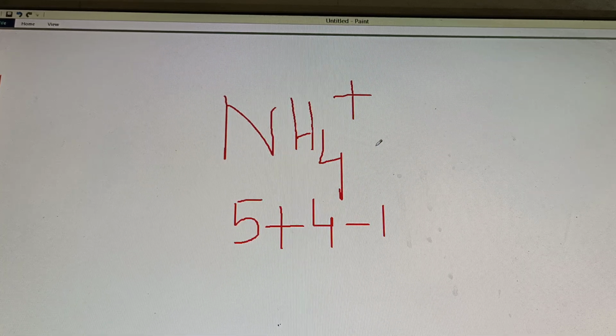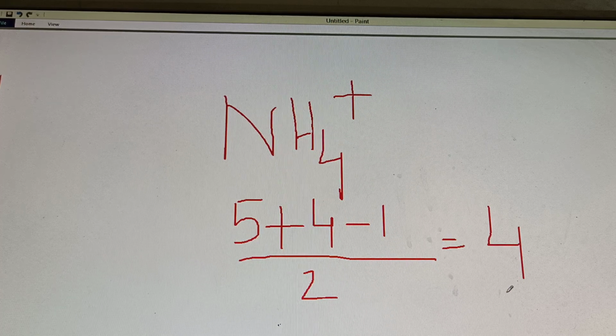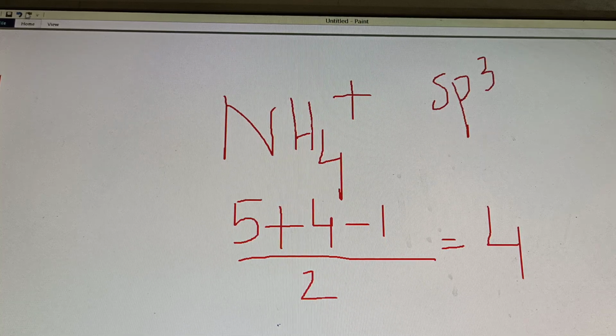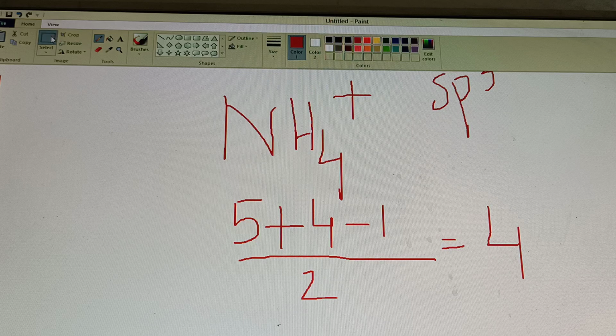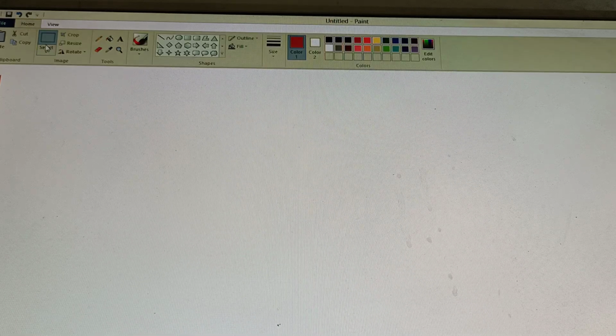Clear? Divided by 2. So 5 plus 4, 9, minus 1, that is 8 by 2, that is 4. Which hybridization? sp3. Clear? Okay, next. Yes, for negative charge, the number of negative charges will be added, and for positive charge, the number of positive charges will be subtracted.